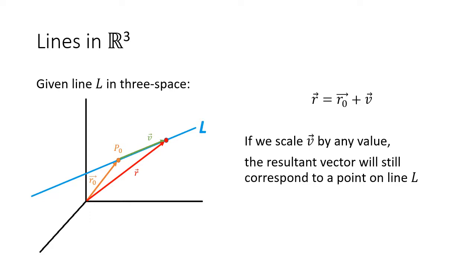I can scale my vector v by any scalar value, and I'm still going to end up on my line L. For example, if I scale v by 2, if I make it twice as big, and I'm starting at p0, even if I move twice as far away, I'm still ending on my line. My vector r is still corresponding to a point on my line L.